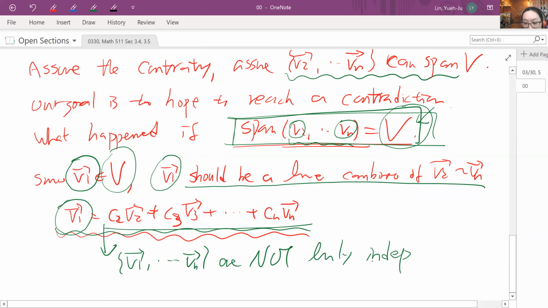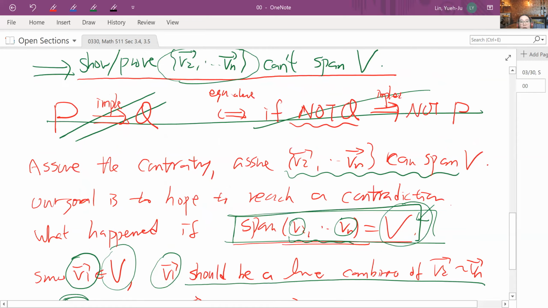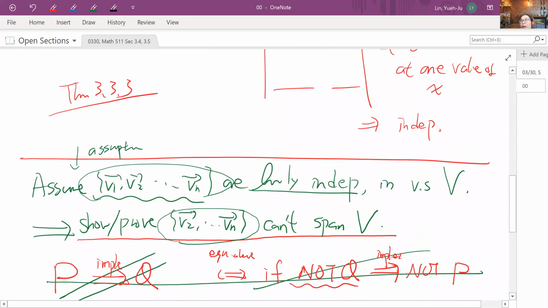This is something we discussed in the beginning of 3.3: if one of the vectors can be written as a linear combination of the others, then they're not independent. And this contradicts what we start with, because we started with the assumption that they are linearly independent. So you can see that's where the contradiction is.